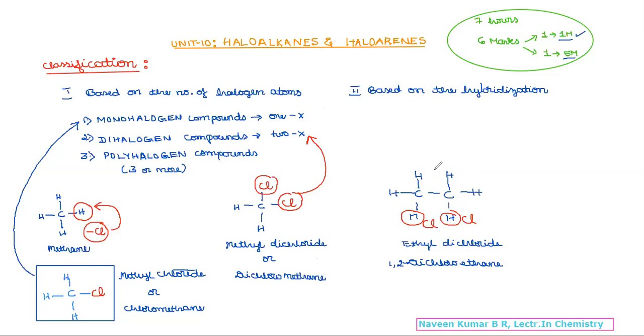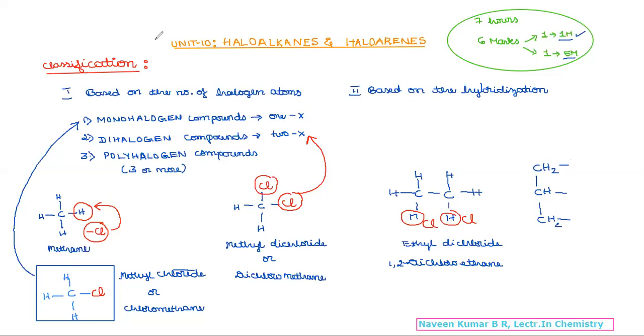Similarly, you can observe now a polyhalogen compound. We'll take a trialkane. It is CH3, CH2, CH3, which is propane. Now we observe a replacement of one hydrogen atom from each of the carbon atoms with halogen atoms. It is CH2, CH, CH2.